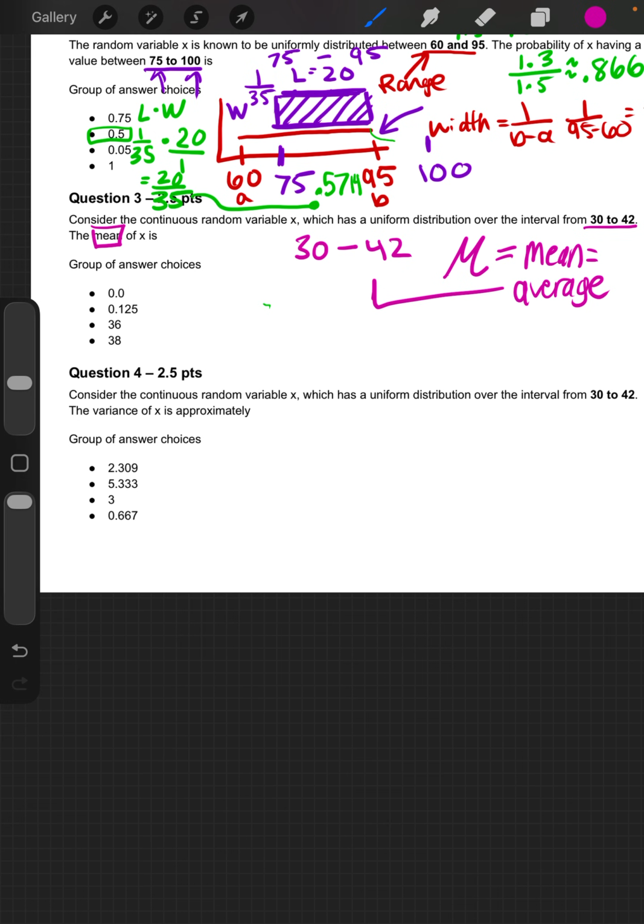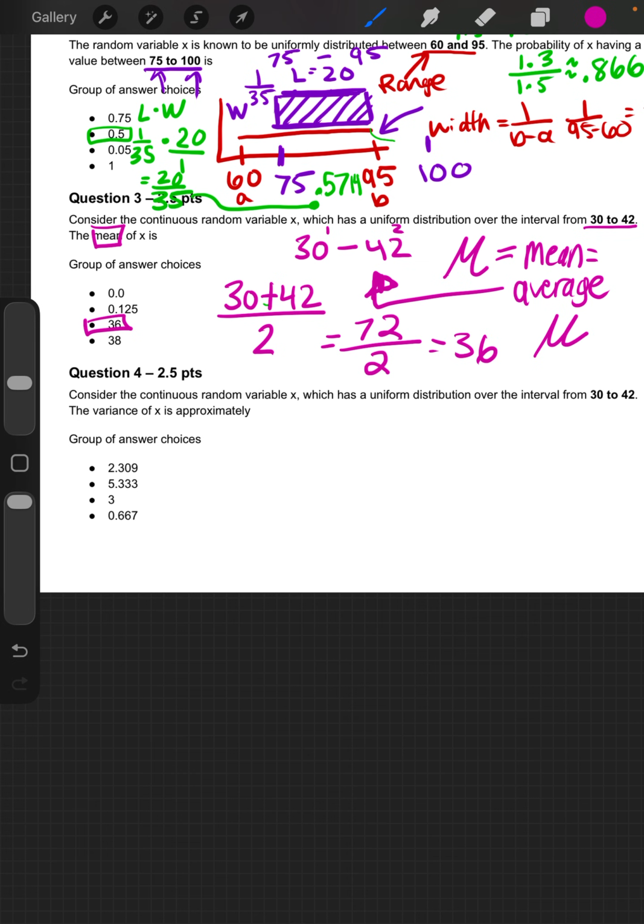The average between these two would be 30 plus 42 divided by the two numbers they have, so we divide by 2. That will equal 72 divided by 2, and that's 36. So the answer is just the average. This is what it means, like mu.